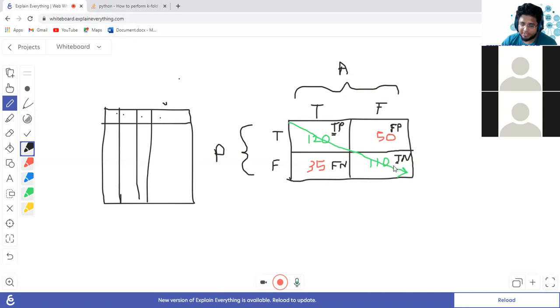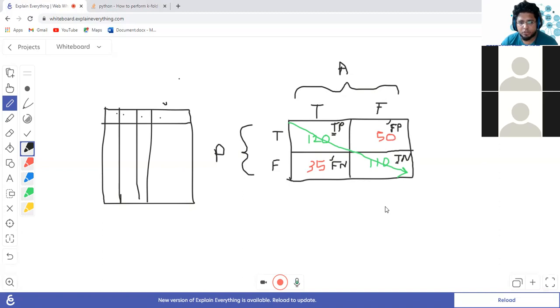And the boxes where a higher value is bad always start with false: false positive, false negative. This is a trick that I use to remember this, because sometimes it gets very confusing when there are more than two options. Now here there are only two options, so there are 4 boxes. Imagine we had 3 options, so there will be 9 boxes, right? So that will become a little difficult.